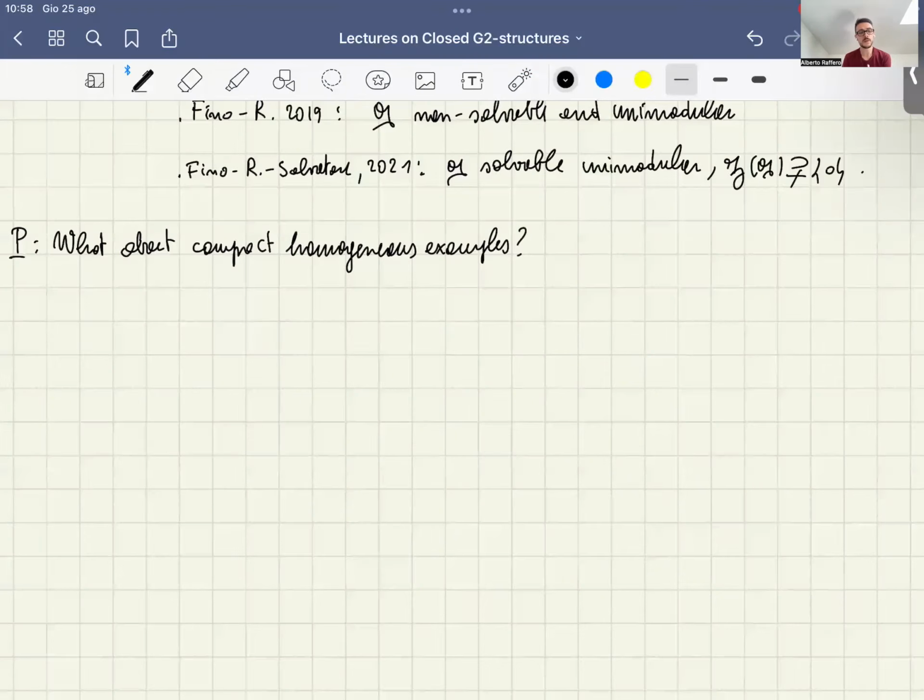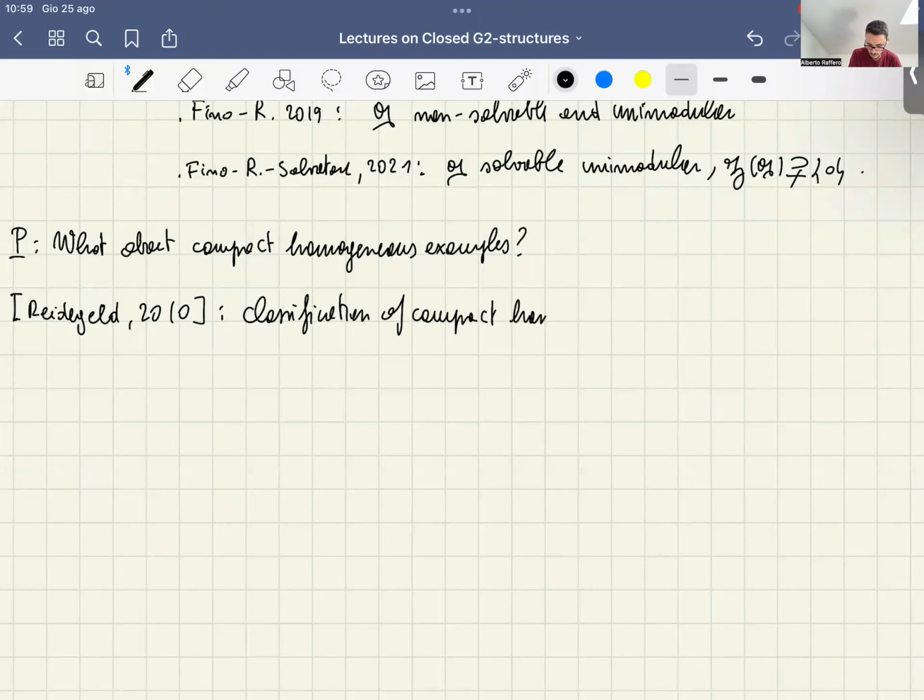So in this setting, there is a classification of compact homogeneous spaces admitting closed G2 structures that are invariant, and it was obtained by Reidegeld in 2010, and he obtained a classification of compact homogeneous 7-manifolds admitting invariant G2 structures.